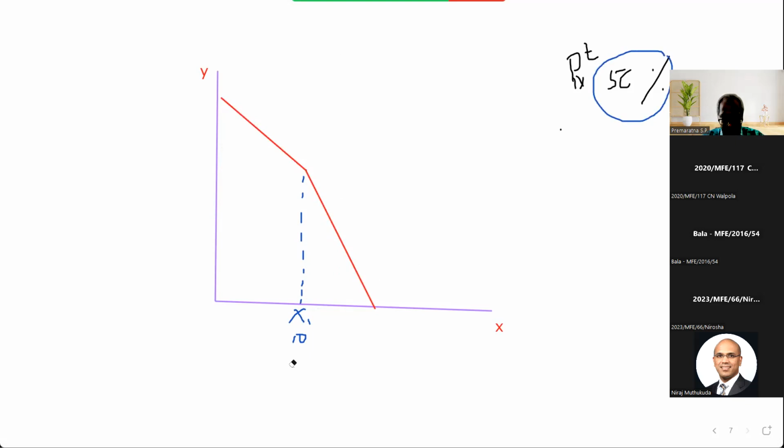Similarly, let's say the government, or even a private business, says if you buy more than a certain amount, they give a subsidy. Subsidy in the sense of a 50% price reduction. That kind of marketing strategy is also there. In that case, the budget line becomes like that.